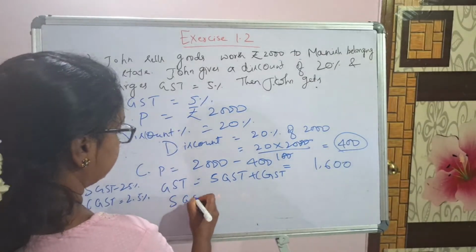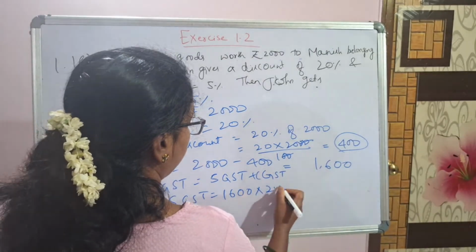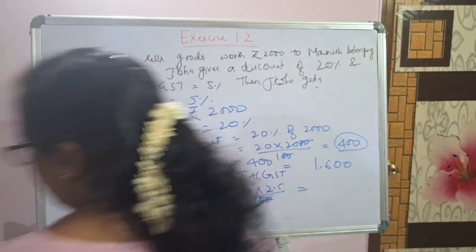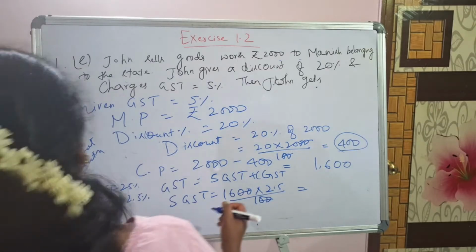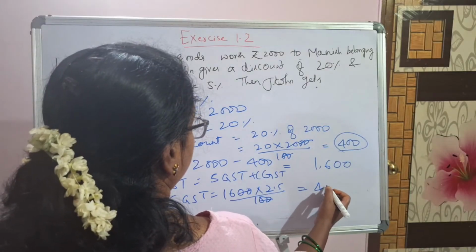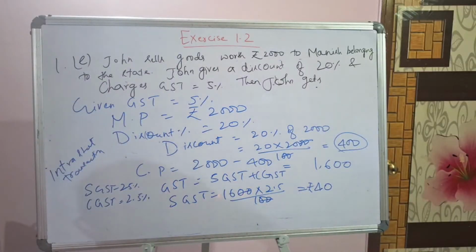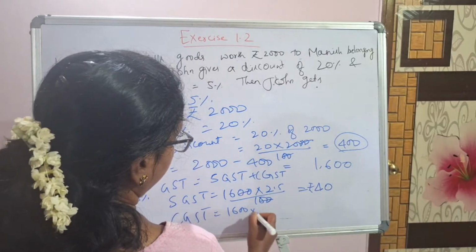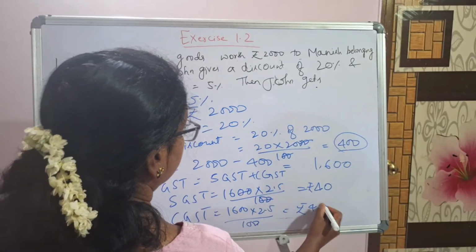So SGST is equal to 1600 into 2.5 divided by 100, which is equal to rupees 40. So 40 is the SGST amount. Then CGST is equal to 1600 into 2.5 divided by 100, which is equal to rupees 40.